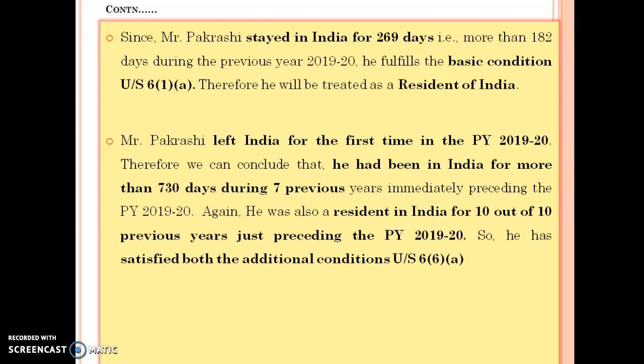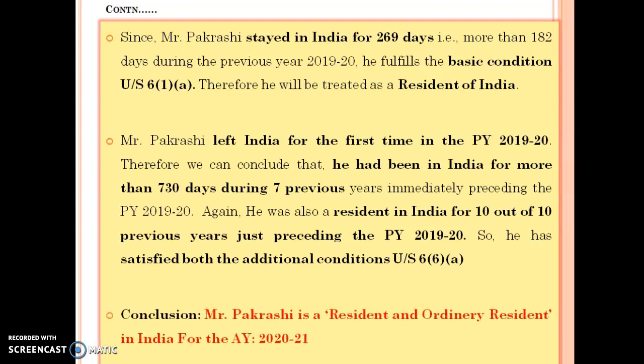That is, he stayed in India for more than 730 days and he was a resident for more than 2 previous years. So as he fulfills the basic condition and both additional conditions, we can conclude that Mr. Pakrasi is a resident and ordinarily resident in India for the assessment year 2020-21.